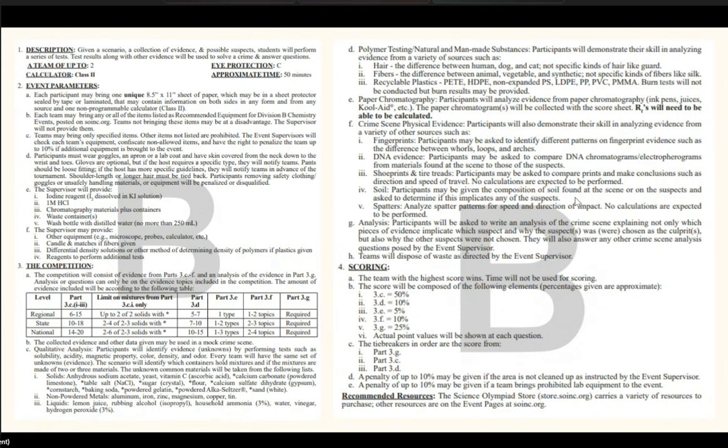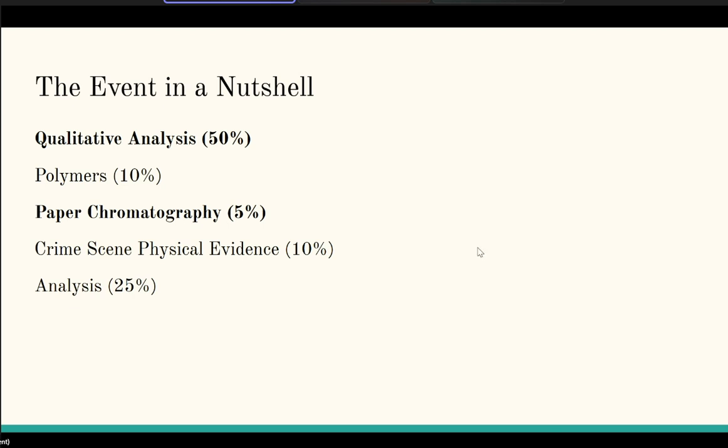Anyways, last meeting we went over qualitative analysis and paper chromatography. In this meeting, we're going to go over polymers, surface level, not too much, and crime scene physical evidence, of which there is a lot: DNA, blood splatters, and a ton of other stuff, such as soil analysis and tracks.